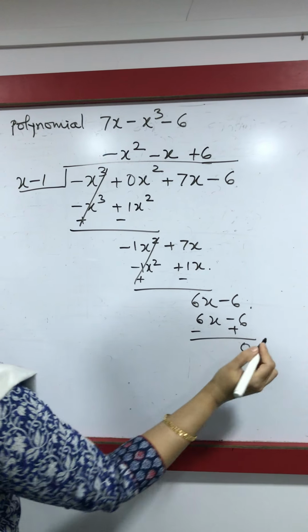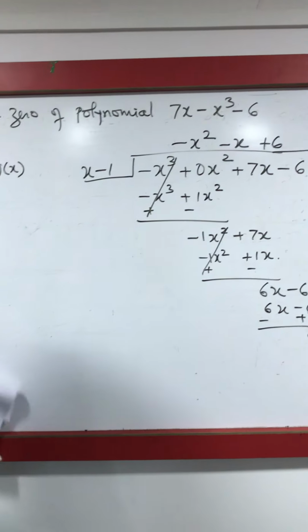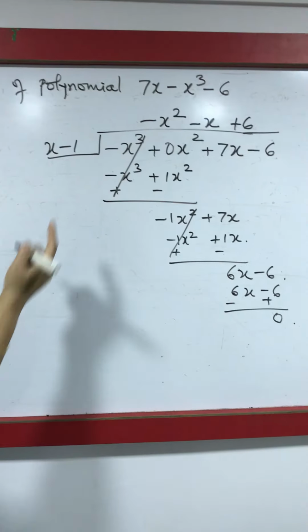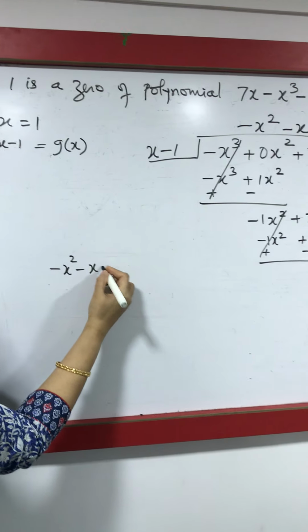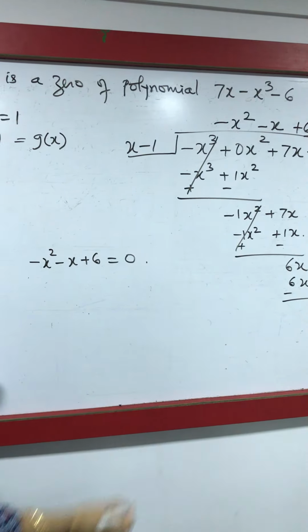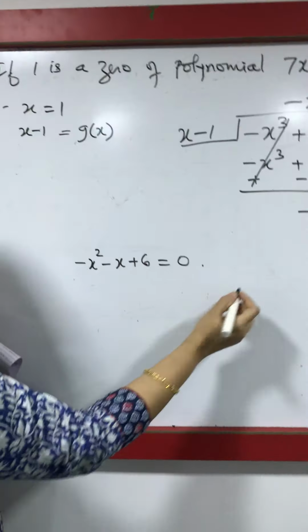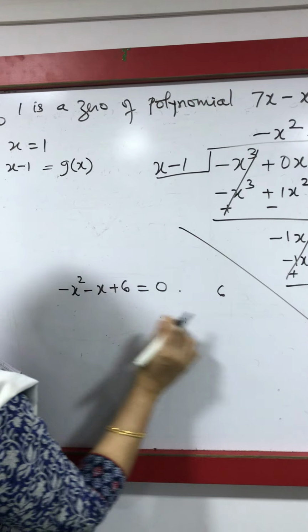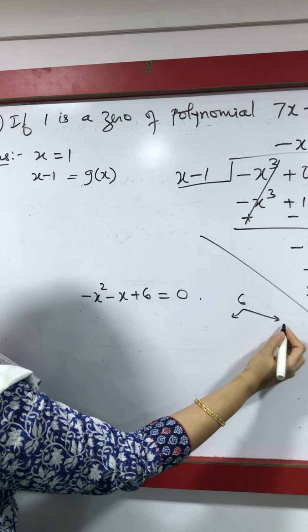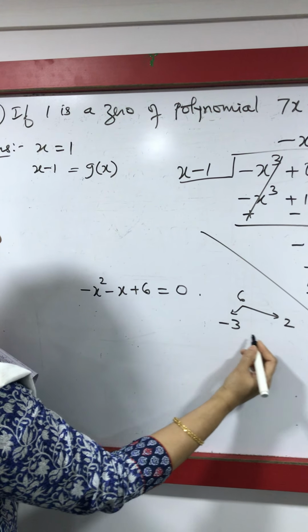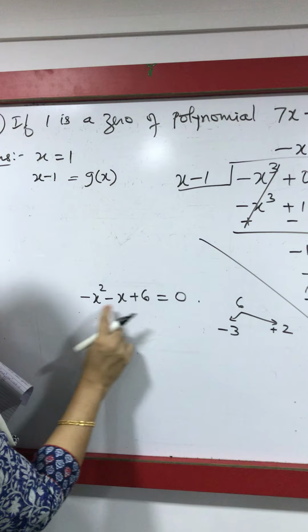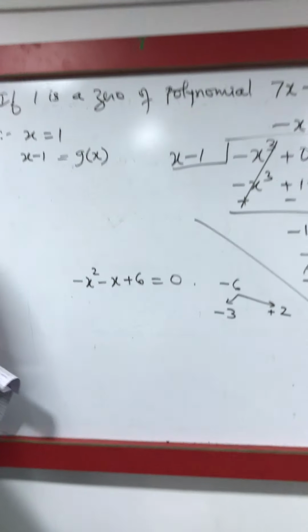remainder 0. Now we have to factorize the quotient, that is minus x square minus x plus 6 equal to 0. Factors of 6 that will give us 1 are 3 and 2. We want minus 1, so we'll take negative 3 and positive 2. Remember here it is also minus 6.